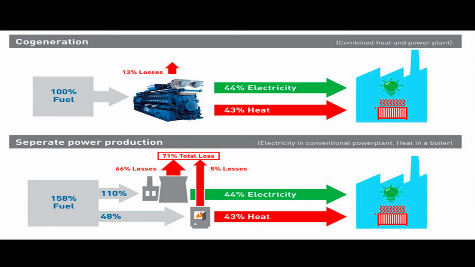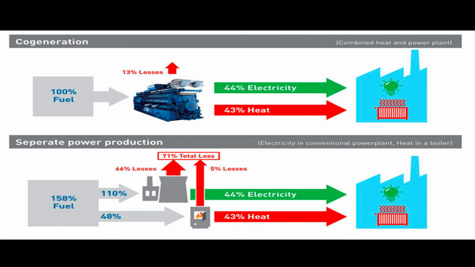But what is important here is the energy lost. If you look up there in the first case, in cogeneration, 13% of the energy is lost. Whereas when we come down to separate production, it is somewhere above 70%. Now let us compare. Whenever we are producing the two different energies in a separate manner, the input is very high and the loss is very high.